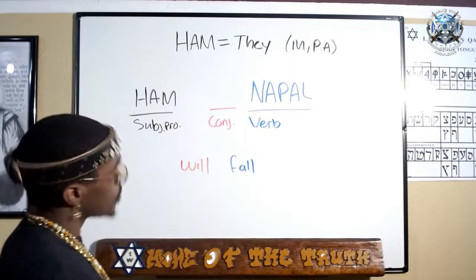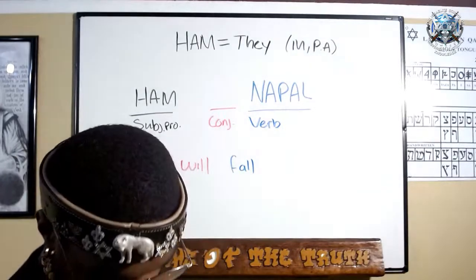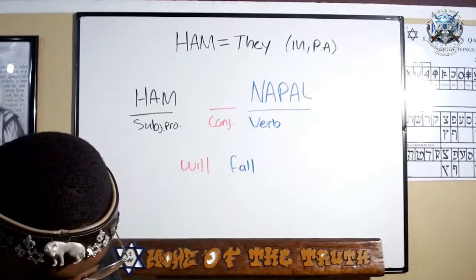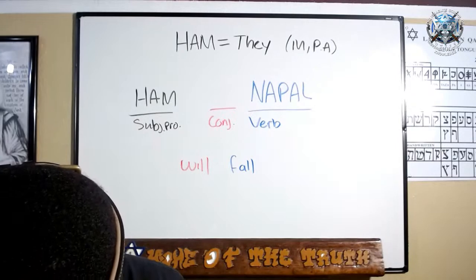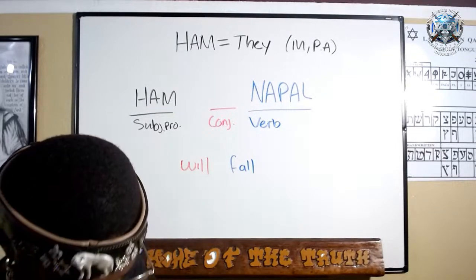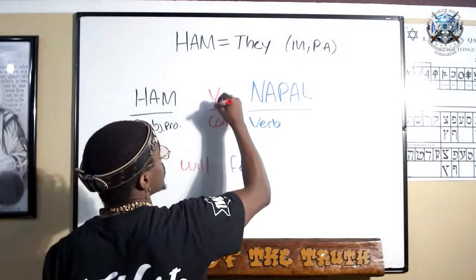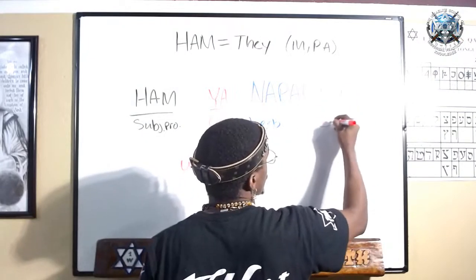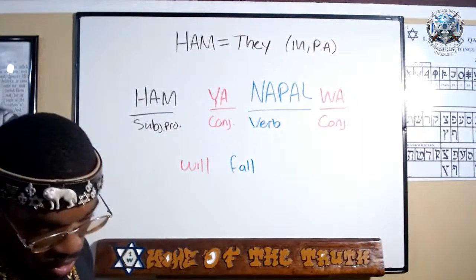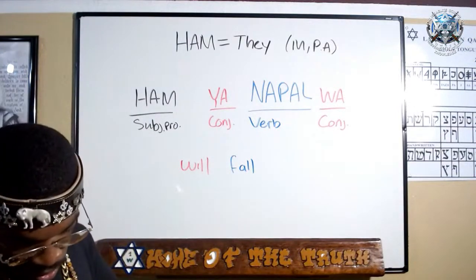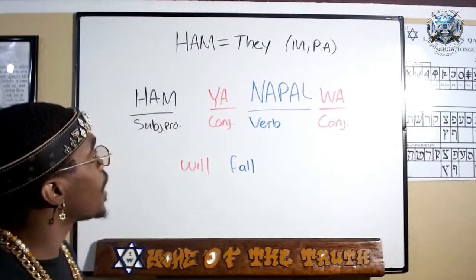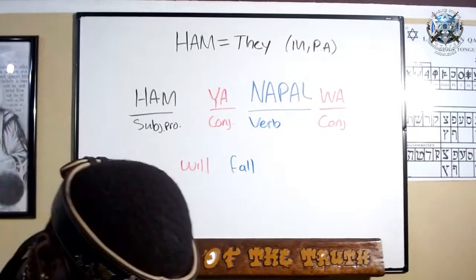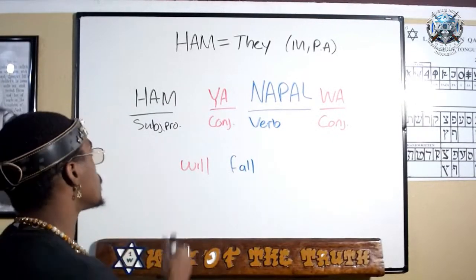So how do we conjugate Nepal with hum? To do that, you must add ya to the beginning and wa at the end. Okay? Ya at the beginning and wa at the end. Hum ya Nepal wa. Hum ya Nepal wa.